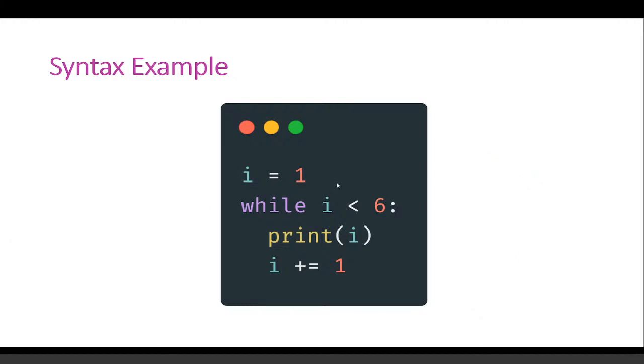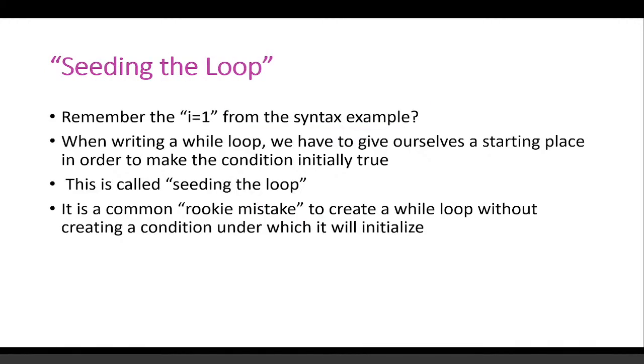But the process of starting our loop in a true condition, we call that seeding our loop. Seeding our loop. So when we're writing a loop, we want to be able to give ourselves a starting place that's going to make that condition initially true.